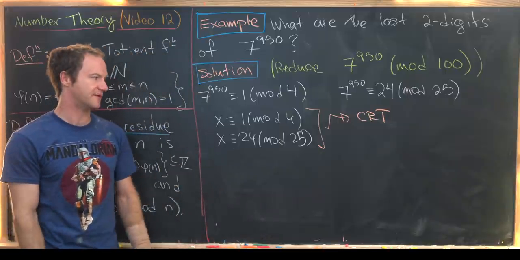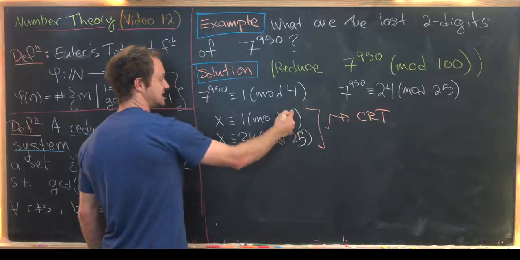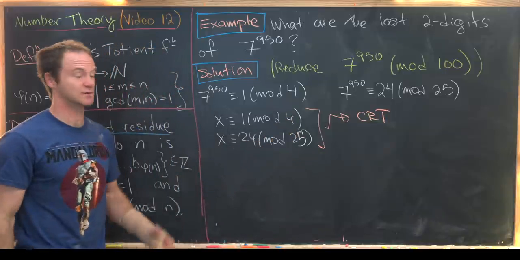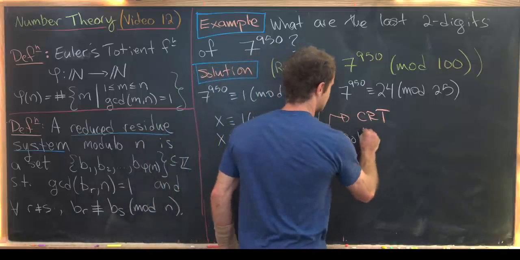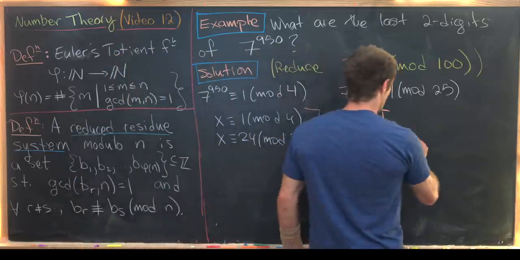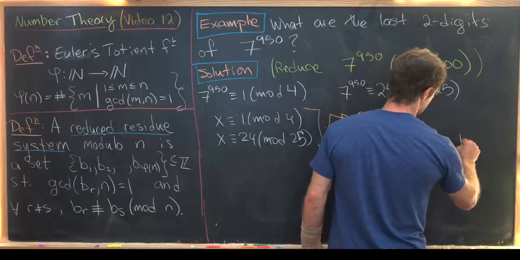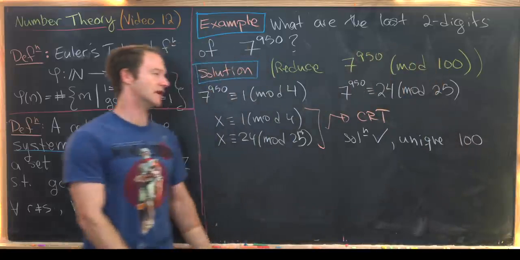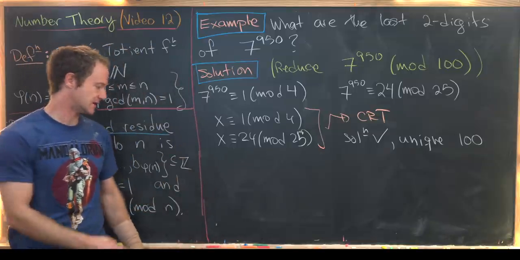So we're not going to do all of the details of the Chinese remainder theorem. But since the GCD of 4 with 25 is 1, we're guaranteed to have a solution. So I'll just say, yes, we will have a solution. And we're guaranteed to have uniqueness mod 4 times 25, in other words, mod 100. So that means we'll have exactly the solution that we need.